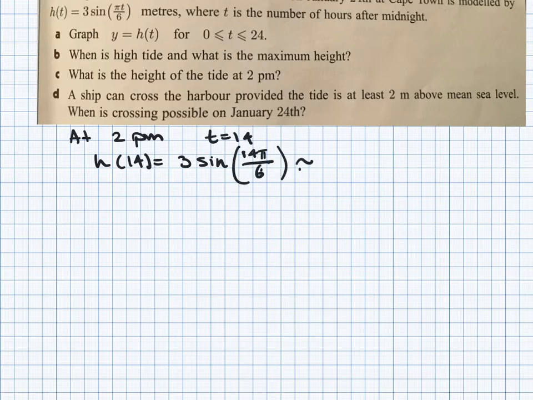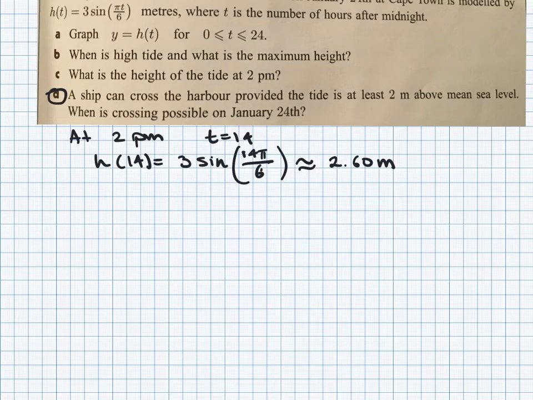Using a calculator, this gives you approximately 2.6 meters. If you look at the graph, you can see it's approximately 2.6 meters. So to answer this question, the tide is 2.6 meters above the mean at 2 p.m. Now, let's do part D. That's the last bit.